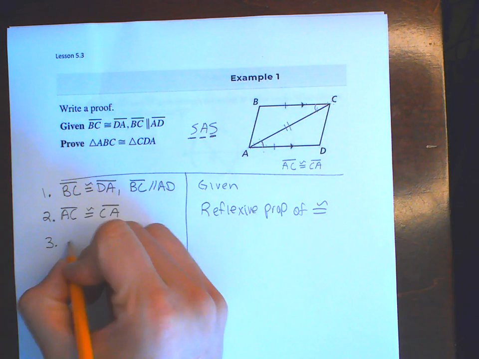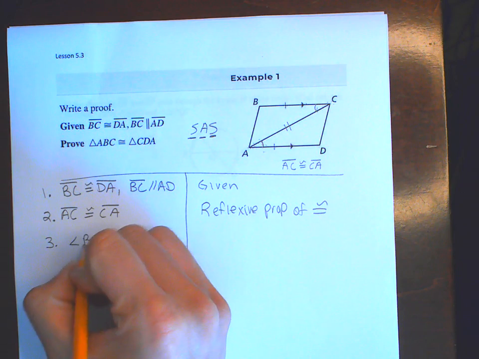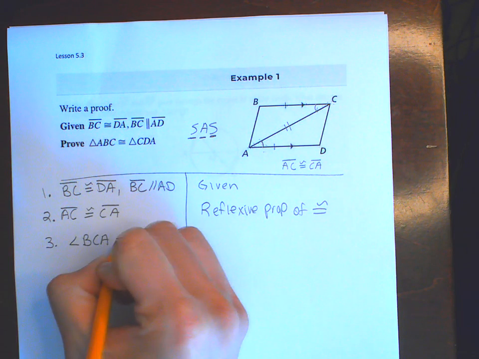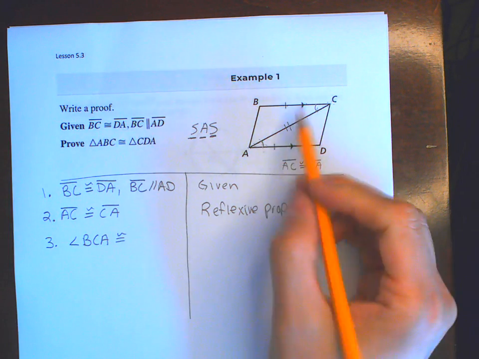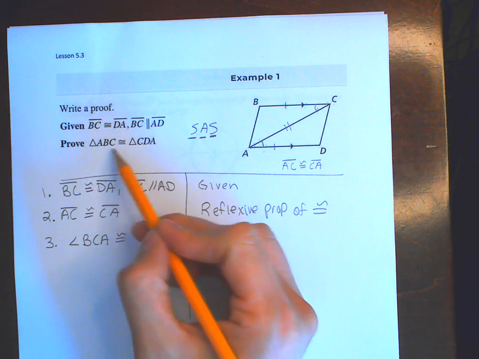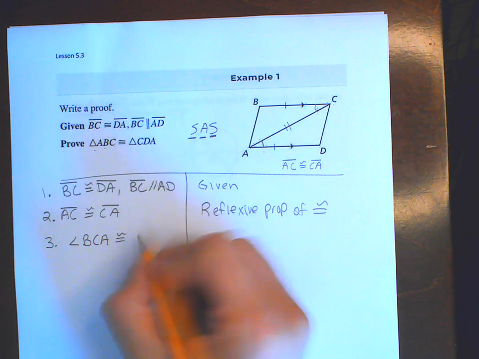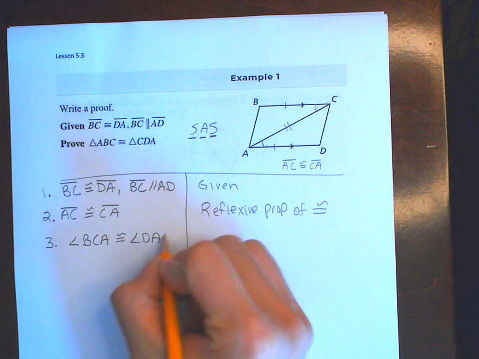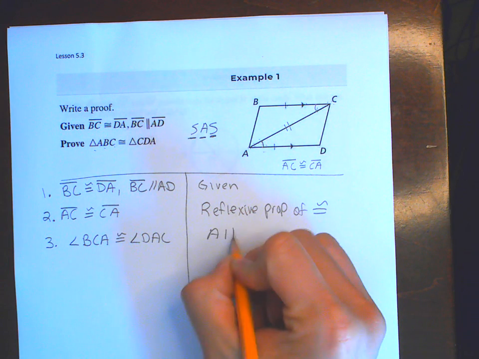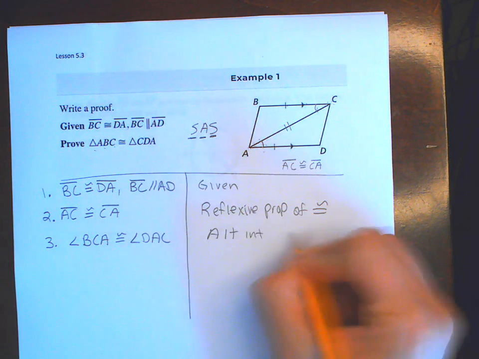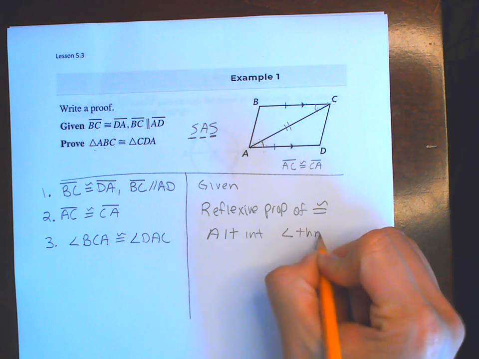I'm going to call it angle BCA is congruent to, now I'm going to use this to get the next part, angle DAC, and that is my alternate interior angle theorem.